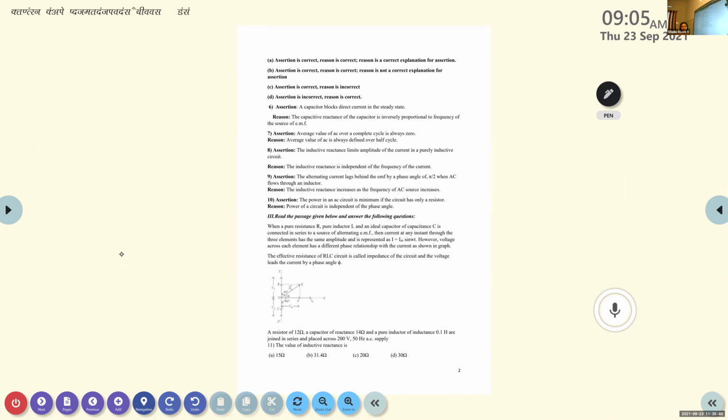Now question number 10. The power in an AC circuit is minimum if the circuit has only a resistor. What is the equation for calculating the power?